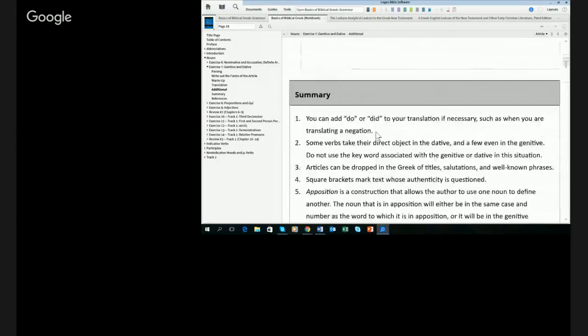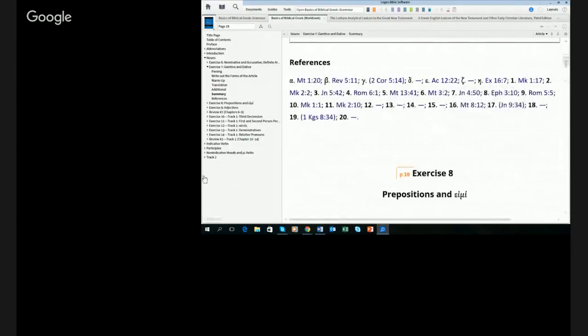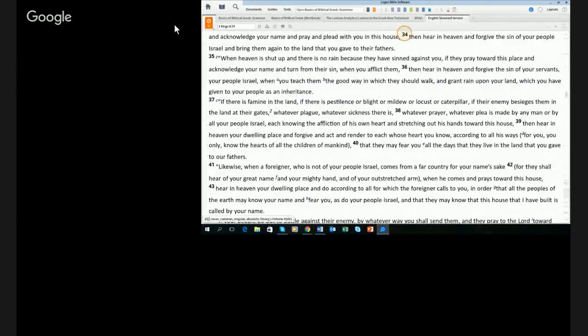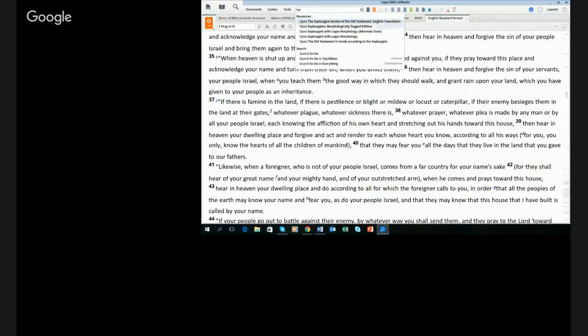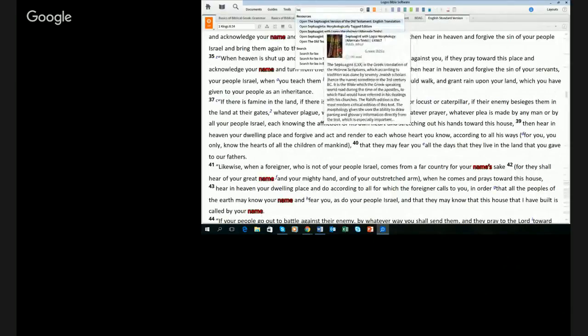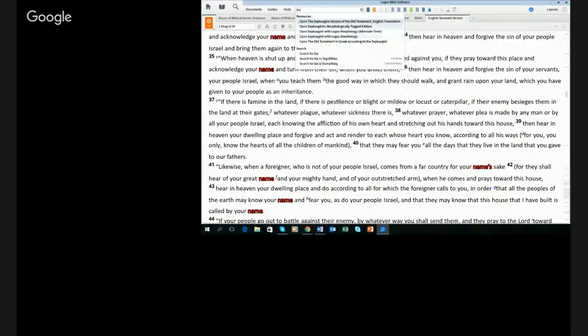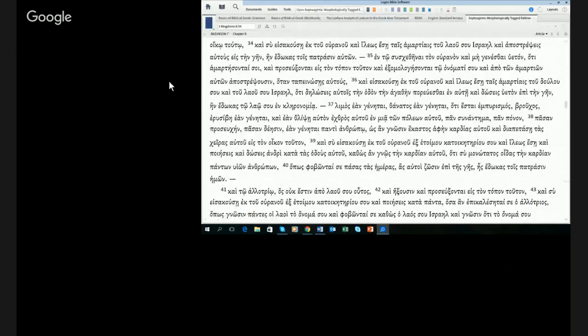I see it's based on 1 Kings 8:34. Let me see if I have a quick... That would be the Septuagint, obviously. Yeah, it would. So if we just jump directly to there, and we'll have to end with this.